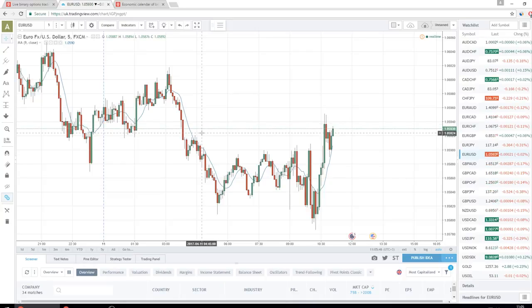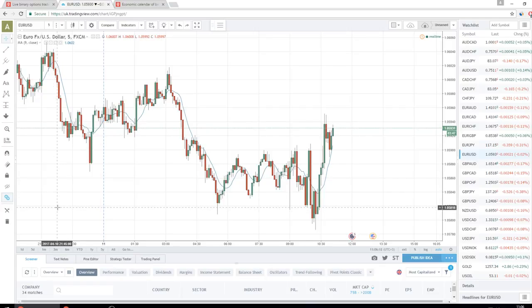Moving averages are an important analytical tool, and in most cases they are used to identify the trend, and to see if there is a probability of a change in the current trend.